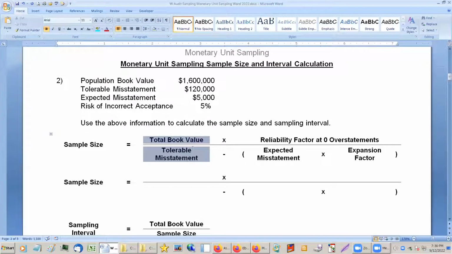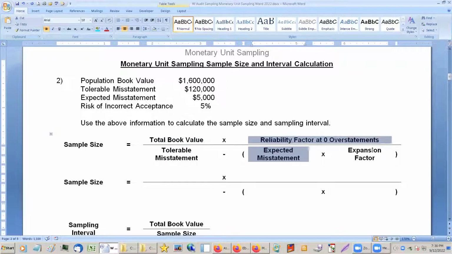And it's kind of like making a cake. We're going to go ahead and go through and put in all the things that we need to. Okay, we start out with a total book value. Tolerable misstatement.